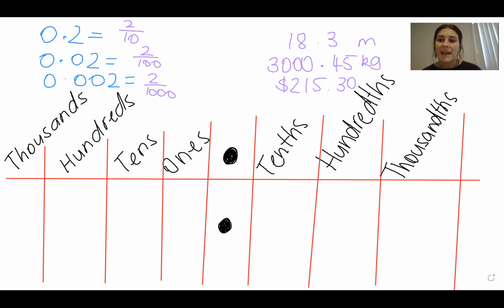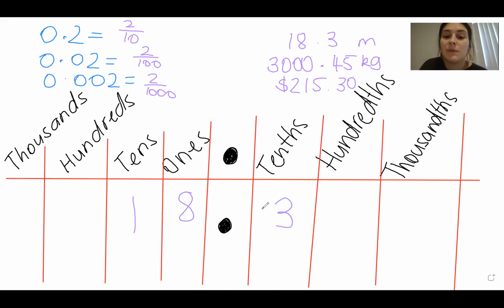Okay, so 18.3 meters. Now, I did say before that sometimes we do tend to drop the 0 off the end of our decimals. So if I was to write 18.3 meters on our place value chart, it would say 8 ones, 0.3 meters.